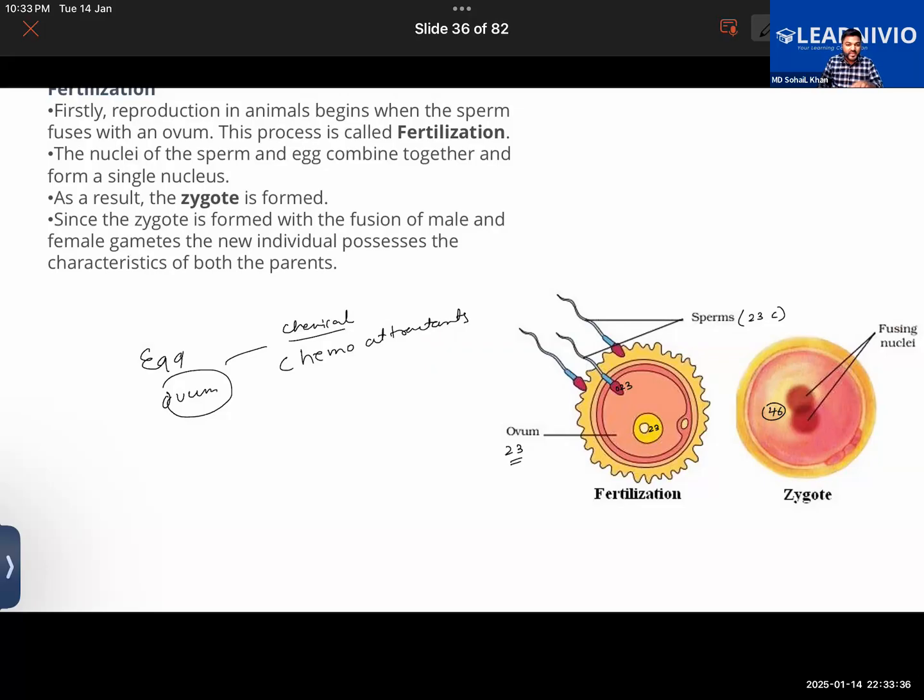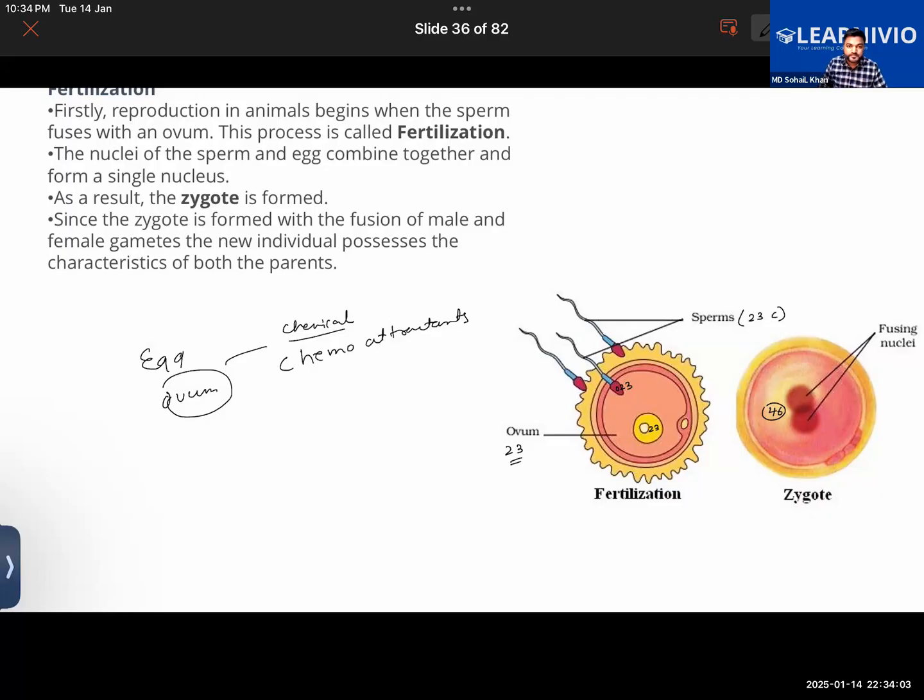And eggs may choose the sperm based on genetic compatibility and many other factors. So it is quite true that the ovum has the bigger role to play here. If some sperm cells have some deformity, many times the egg might not choose it. So it is quite complex and interesting.